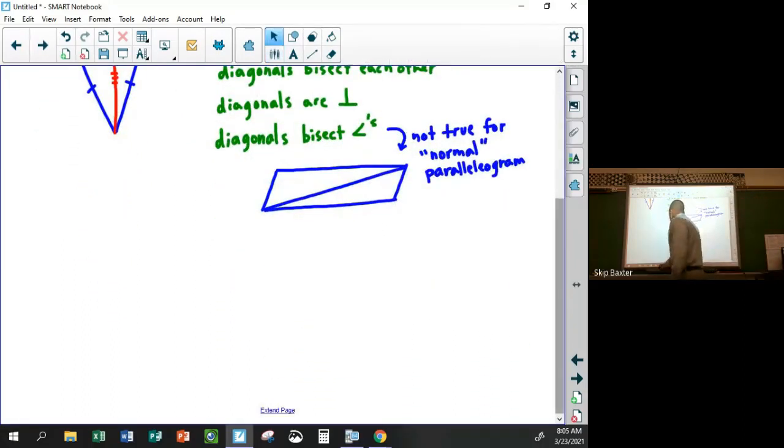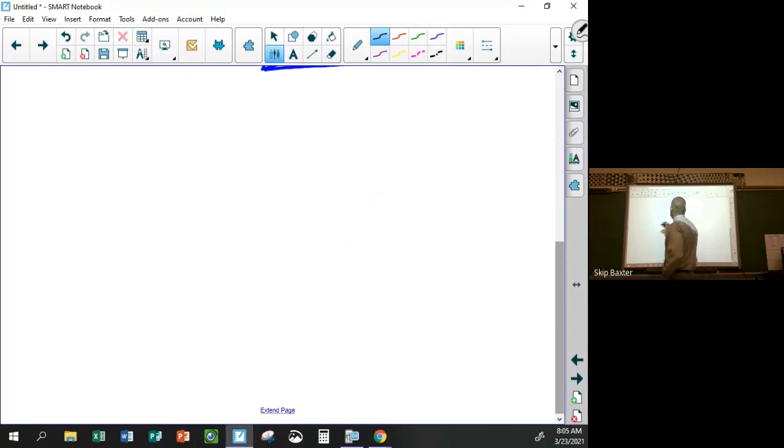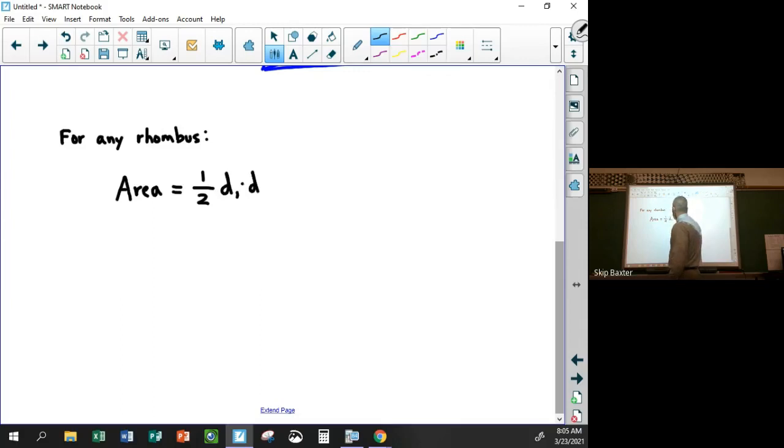So let's talk about area of a rhombus. So for any rhombus, area is equal to 1/2 d1 times d2.